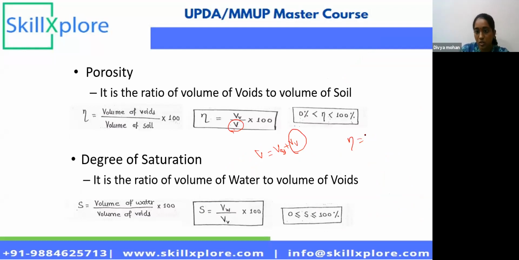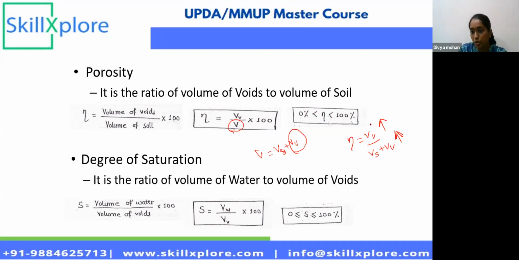So eta is equal to Vv by Vs plus Vv. If Vv is increasing, this factor is also going to increase, but it will not reach 100%. It will be greater than 0% and less than 100%.